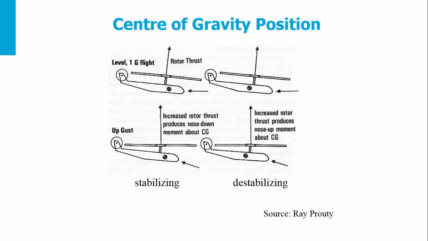If you encounter an up gust, the increased rotor thrust will produce a nose-down moment about the CG. While if your CG is behind the rotor, an increased rotor thrust will produce a destabilizing nose-up moment about the CG.